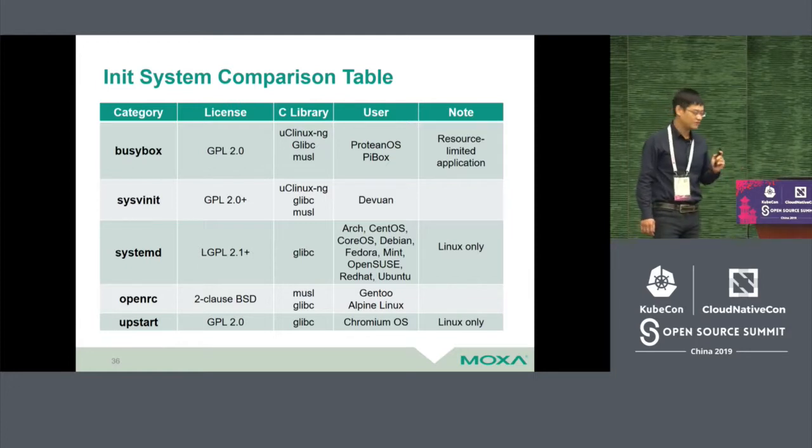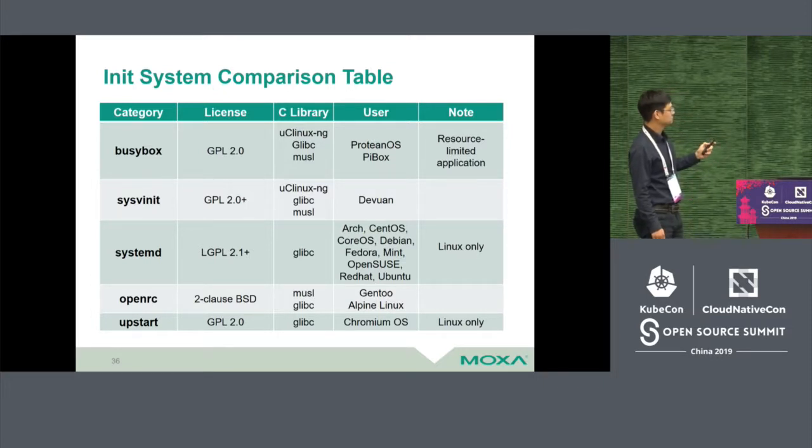However, connecting industrial platforms to the internet is a trend, so many devices will use systemd or OpenRC. So you can choose your own init system depending on your application.